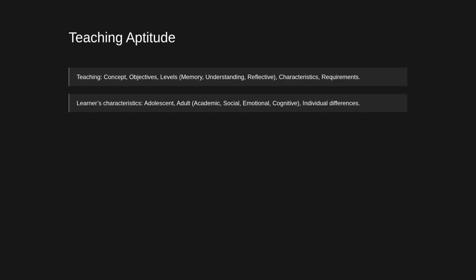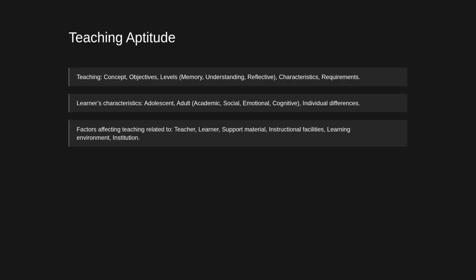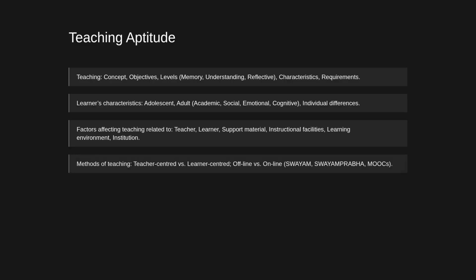Then we have learner's characteristics, adolescent learner and adult learner and their academic, social, emotional, cognitive characteristics, individual differences, factors affecting teaching related to teacher, learner, support material, instruction facilities, learning environment, institution, methods of teaching, teacher centered versus learner centered, offline versus online. In online, SWAYAM, Prabha, and MOOCs will be covered.